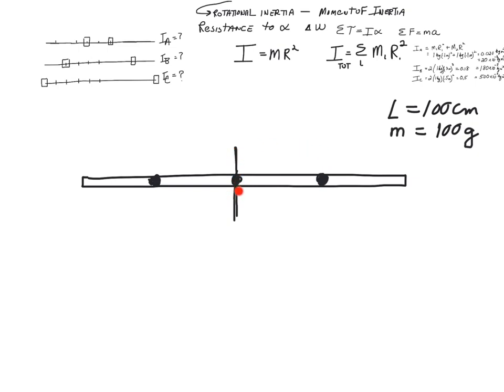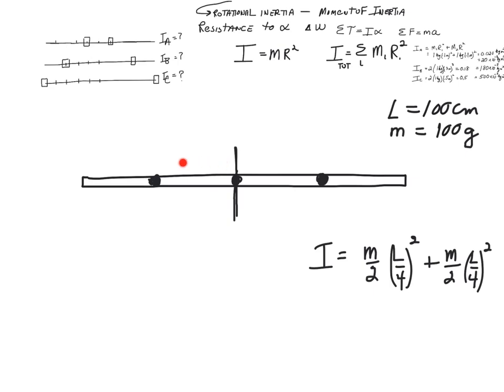But if we were going to calculate it in a general sense, it would look like this. Yes, I want you to get used to doing general solutions. So rather than saying, oh, this is 50 grams, 25 centimeters away, we're going to say for any mass, this is m over 2. And the distance from the center of that piece to the axis is L over 4, but we have to square that.